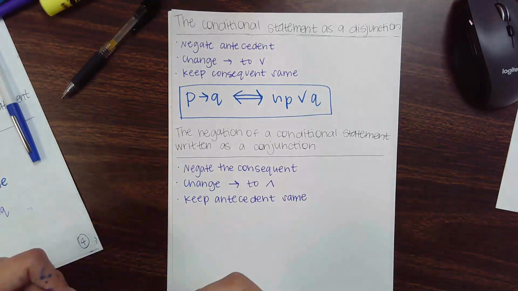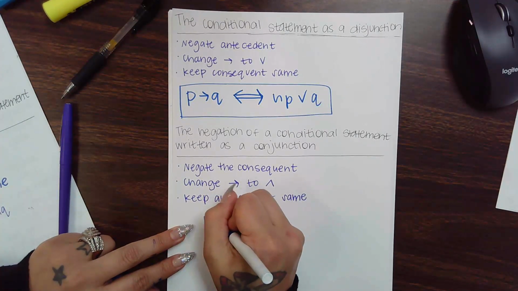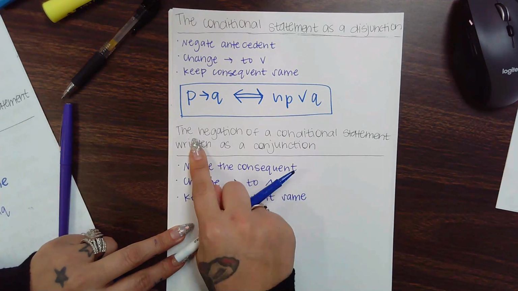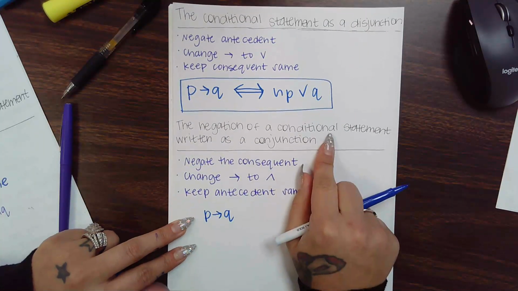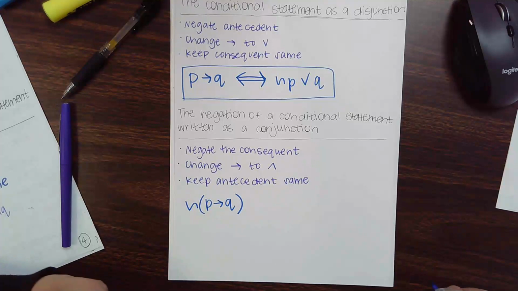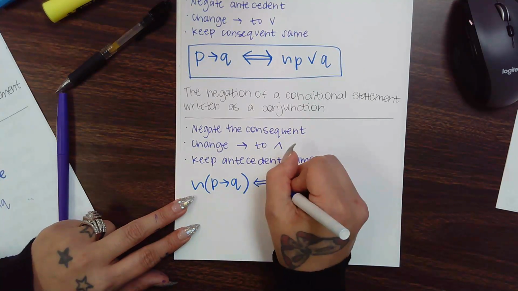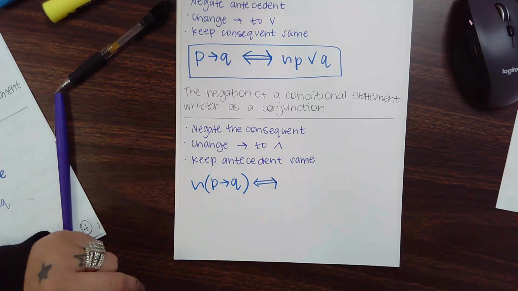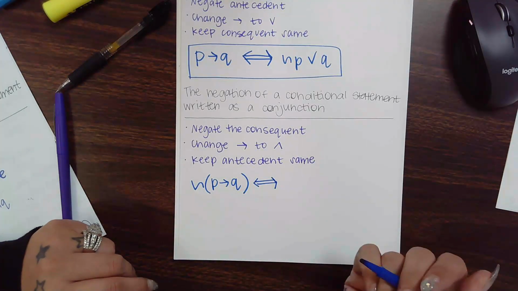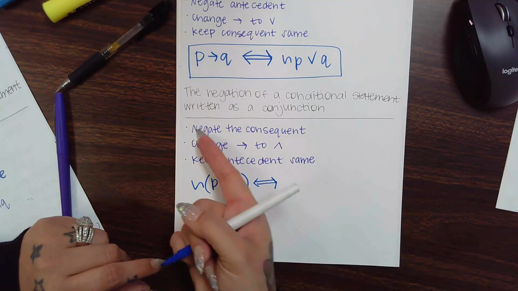Okay, so the conditional statement is if P then Q. This says the negation of a conditional statement, so that's putting your tilde on the outside. And this is telling me that if I take these steps, I actually have an equivalent statement. Negate the consequent.